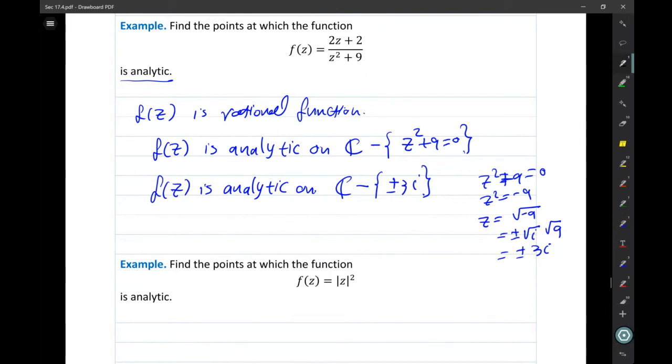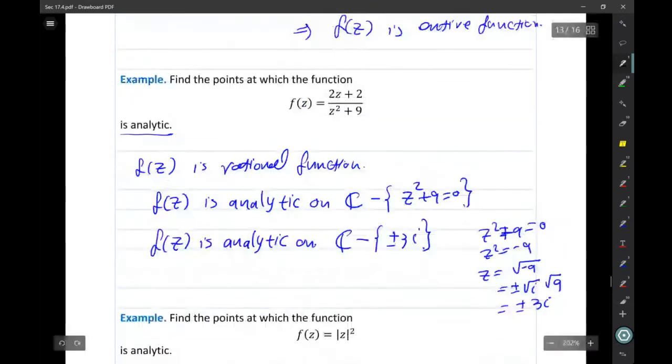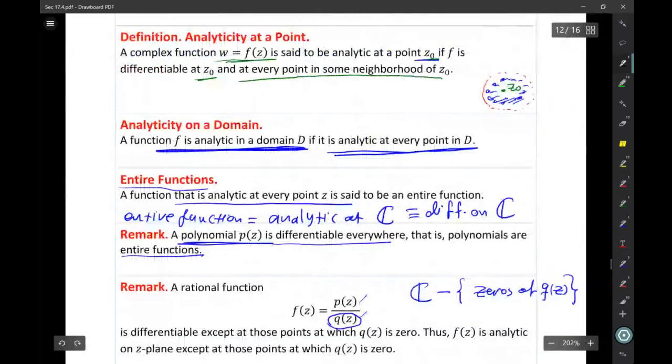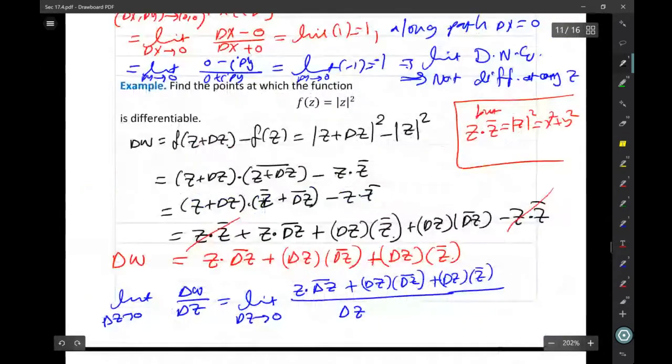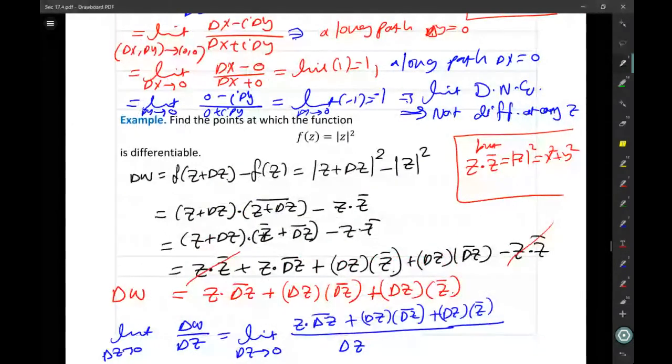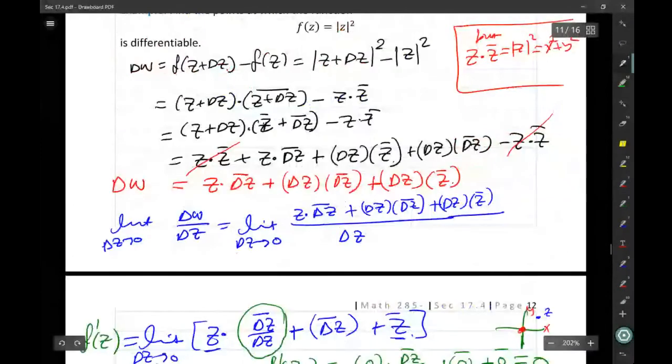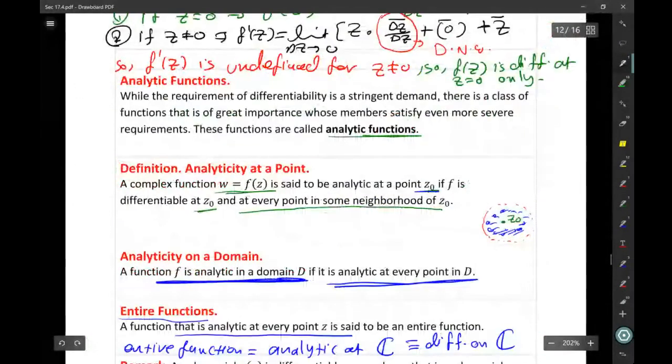Now let us see f of z equal to absolute value of z squared. Remember this function, we just discussed it in a previous example. We said that this function is differentiable only at z equal to 0.